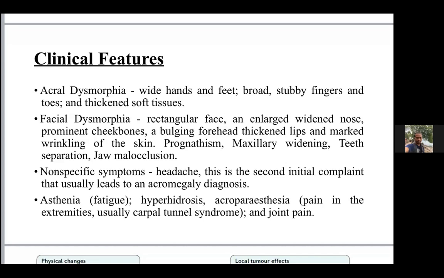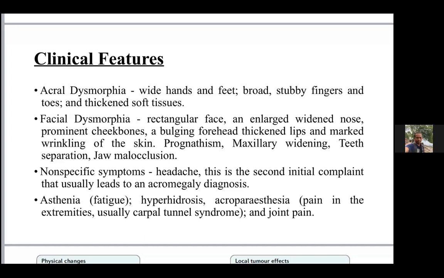Non-specific symptoms. One of the most important initial complaints the patient comes with is headache. It is because of pressure. The tumor sitting in the pituitary can cause pressure symptoms, whereby the patient comes with a headache.